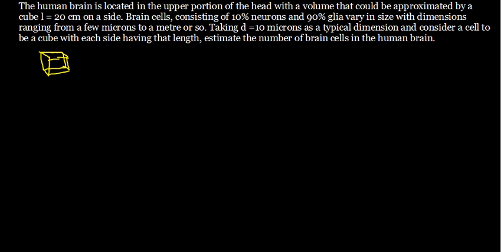20 centimeters. Now, brain cells consisting of 10% neurons and 90% glia vary in size with dimensions ranging from a few microns to a meter or so. Taking d as 10 microns as a typical dimension, consider a cell to be a cube with each side having that length.